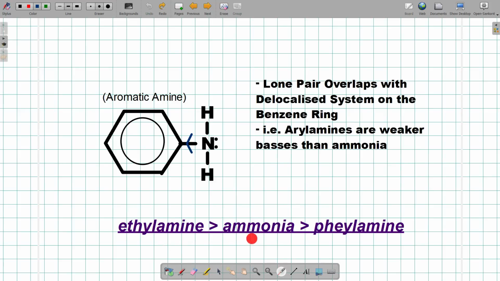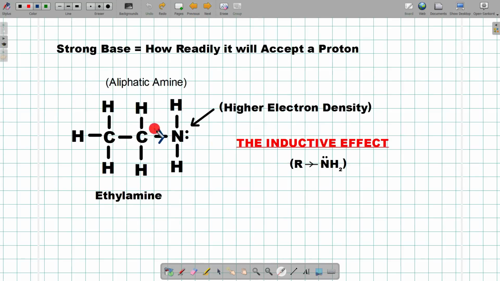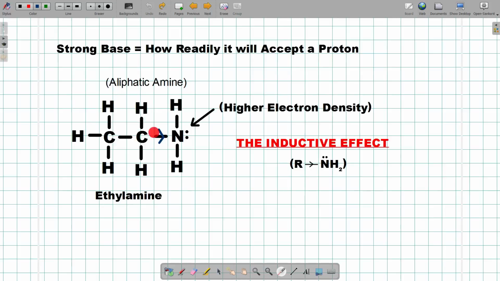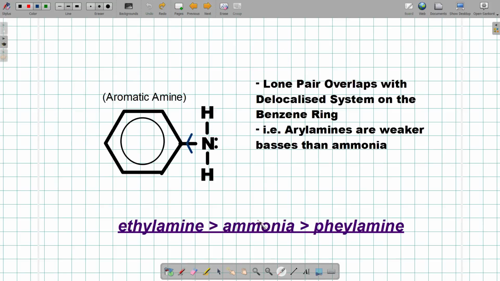And so there's a little thing which I've highlighted in purple here because it's quite important. Just remember this, and you'll be fine. Ethylamine, so that's like this one here, is a stronger base than ammonia. And it's a stronger base than ammonia because it's got that inductive effect occurring, pushing electrons towards nitrogen, making it more negative and able to attract a proton more readily. But ammonia is a stronger base than phenylamine, which is this here.